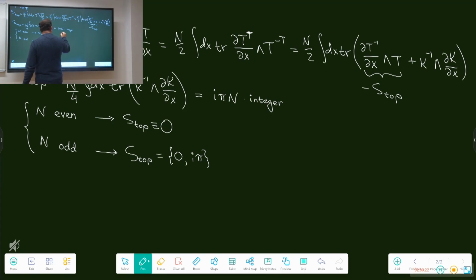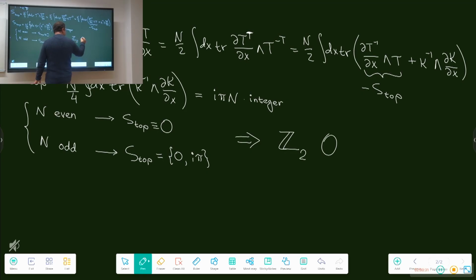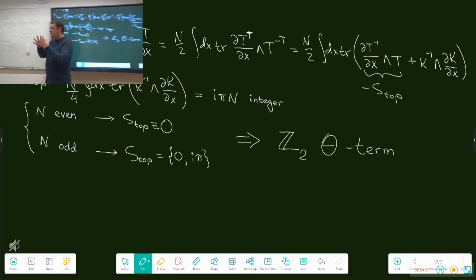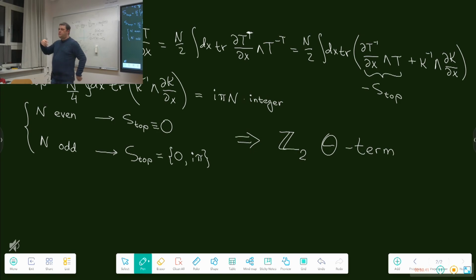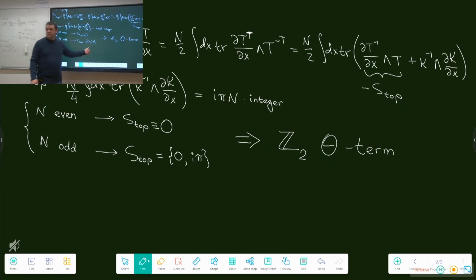So this thing is Z2 theta term. It takes discrete values depending on the homotopy class of your Q matrix. I mean, so any continuous deformations of Q do not change it, and Z2 means that it takes only two values.